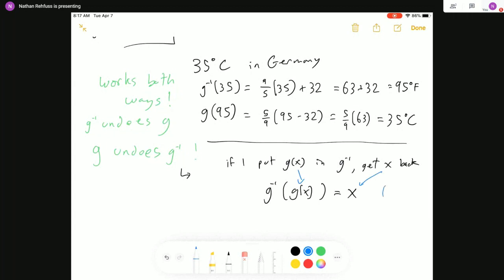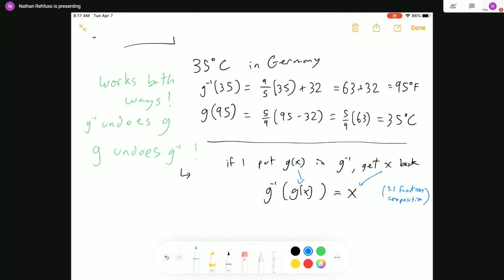This is from 3.5, function composition. You remember in 3.5 when we had that circle symbol to plug one function into another function? This is that. If I compose a function with its inverse, I get the X back.